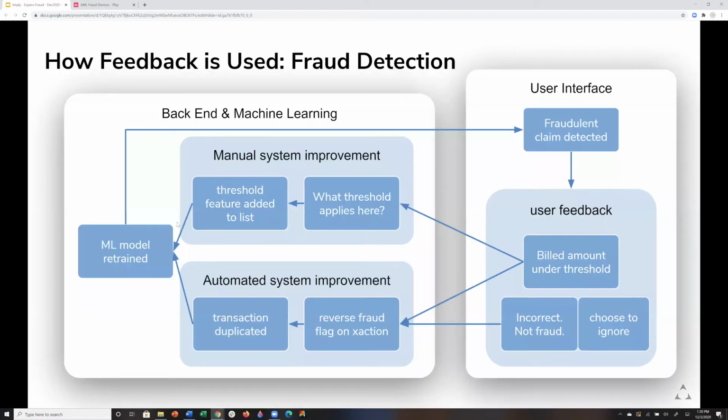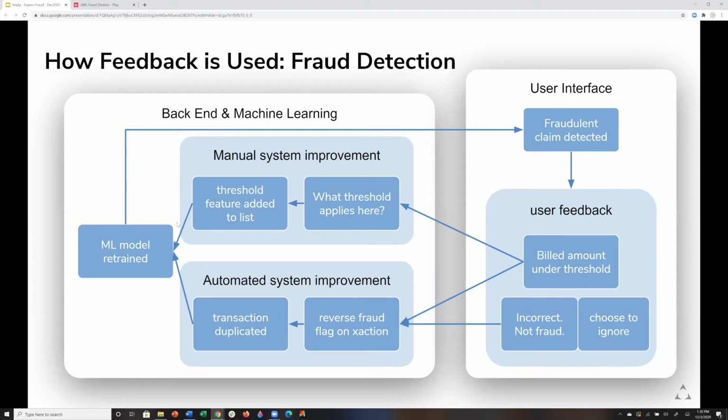Next slide. So how do we use this, right? The machine learning model actually feeds from up and over to the user interface. The user feedback says, yes, I either got it correct, it's under or over the threshold. Should we refine our system by adjusting some thresholds?